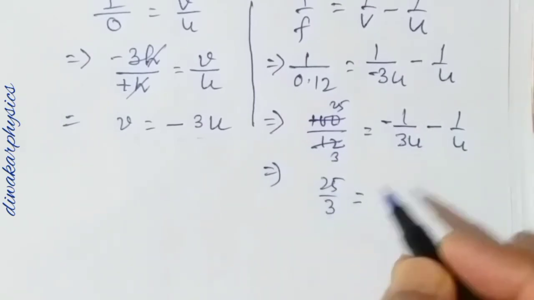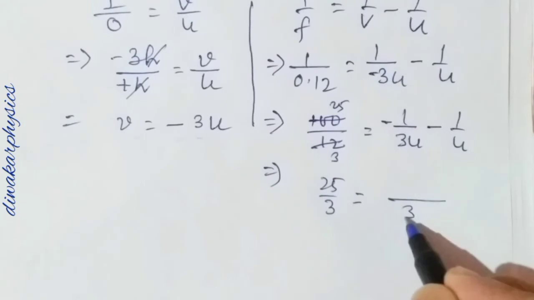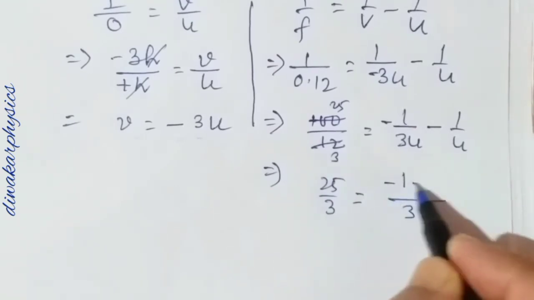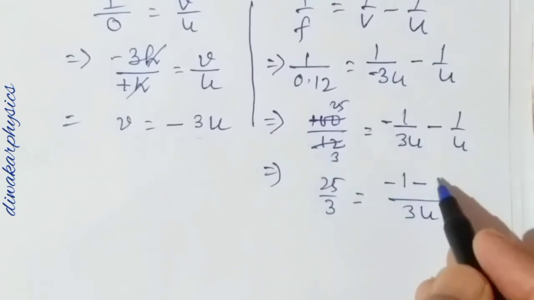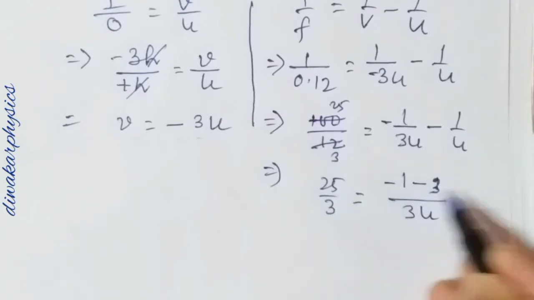So 25 by 3 is equal to 3u minus 1, minus 1 minus 3.